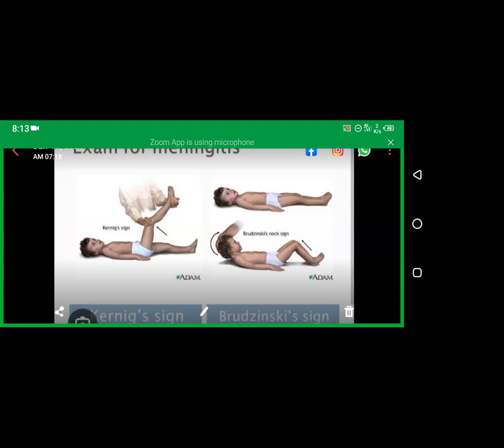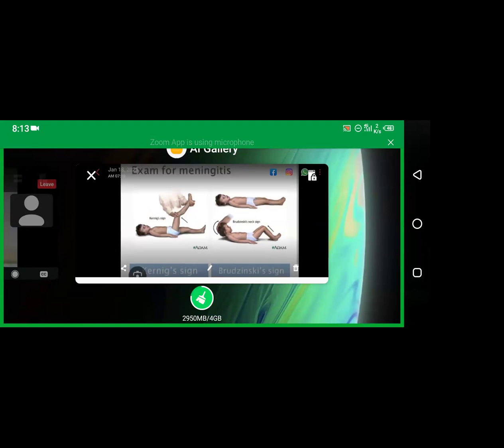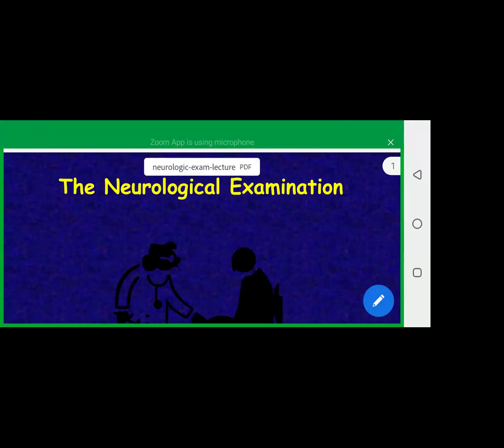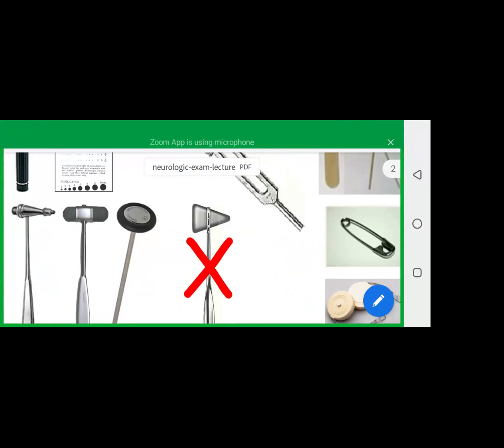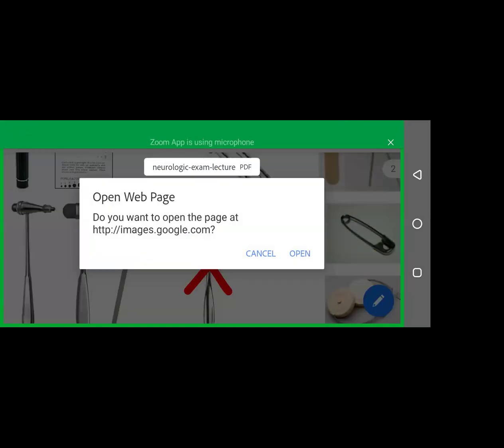After that, the next thing we are going to look at is the cranial nerves. I said routinely what we do is cranial nerves 7, 9, and 10. So let's look at those cranial nerves.